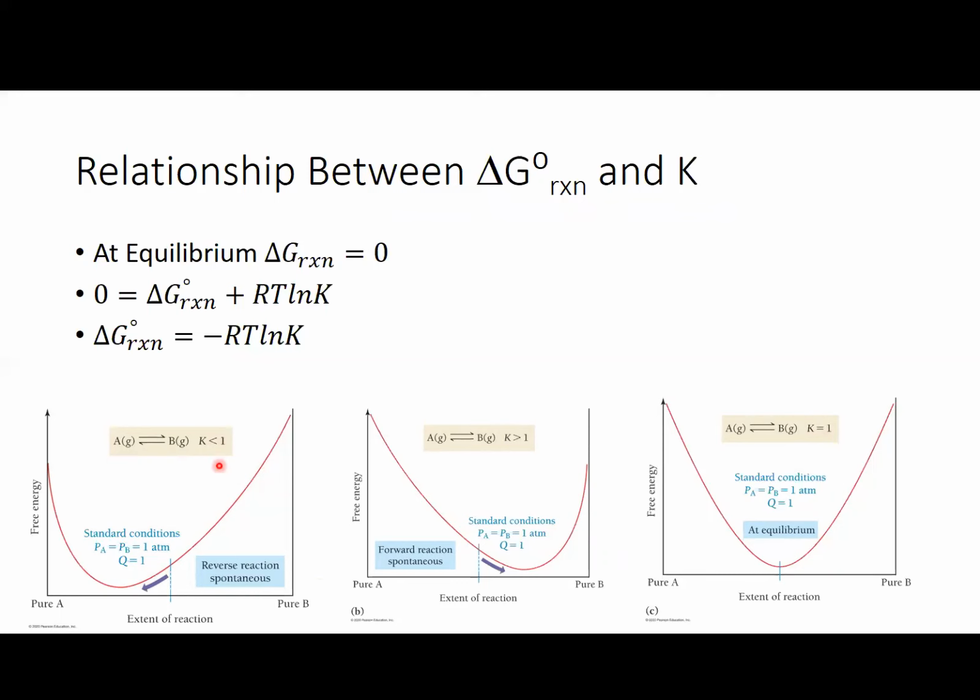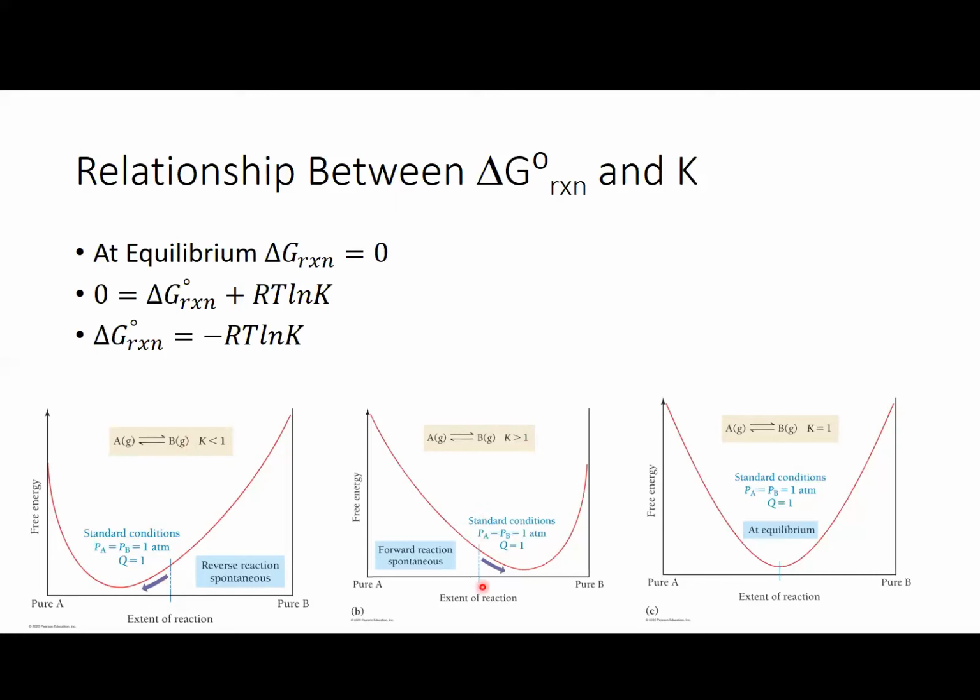So if your K is less than 1 and you're given a Q that is equal to 1, that means that you're on the right-hand side of this expression. That is basically you have too much going on in the product side. So this will end up being spontaneous in the backwards direction. So your delta G here would be positive. And this one right here, if my K is greater than 1, my Q is only equal to 1.